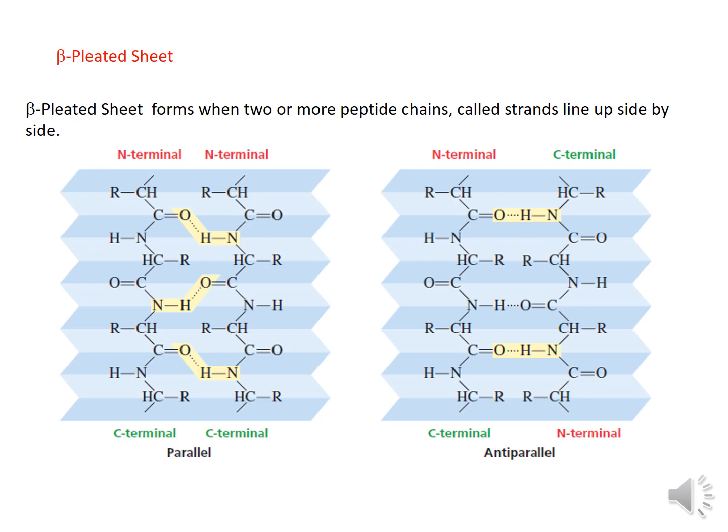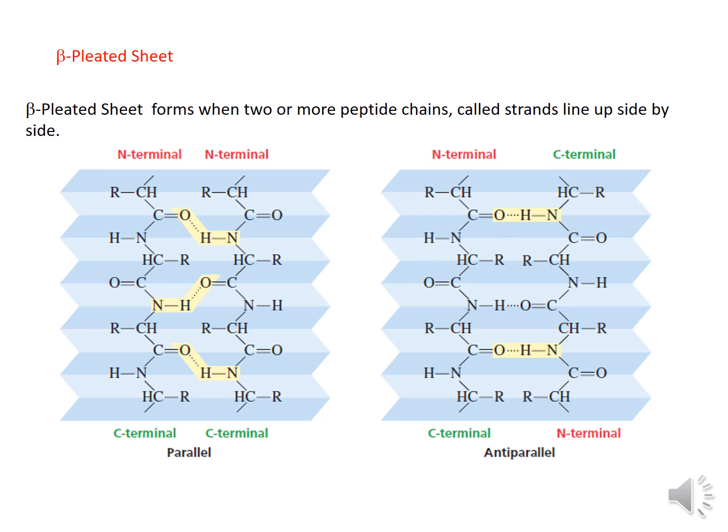The other is anti-parallel. The N terminal of one peptide chain runs parallel with the C terminal of another peptide chain.